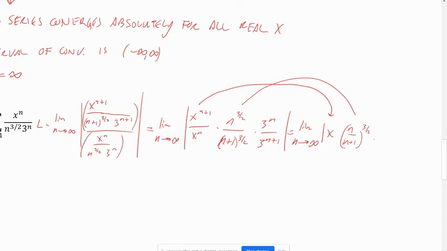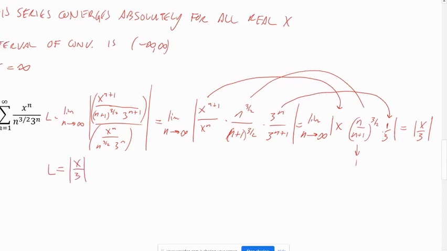And then this simplifies to 1/3. This expression will approach 1 because n over n plus 1 approaches 1, and 1 to the 3 halves power is 1. So we just simply get L equals the absolute value of x over 3.